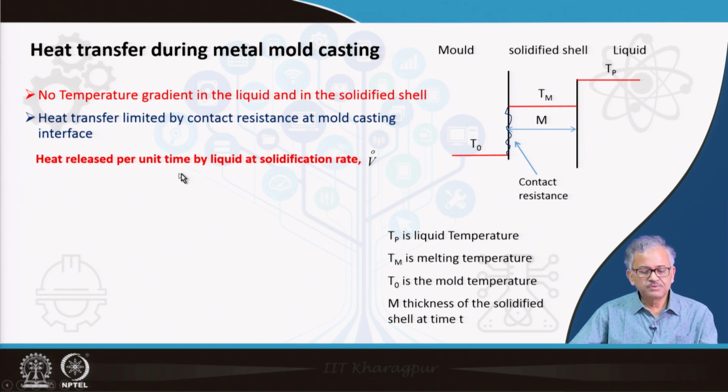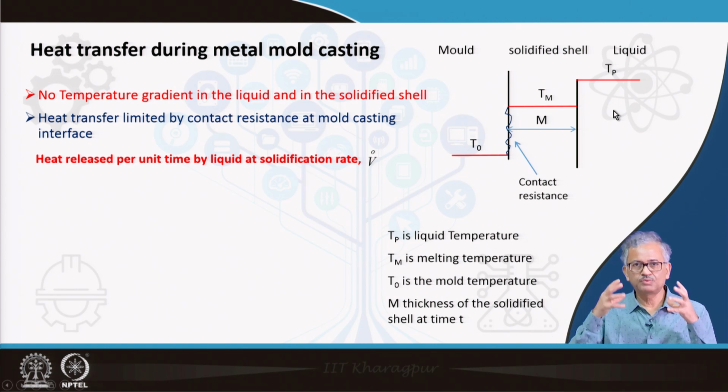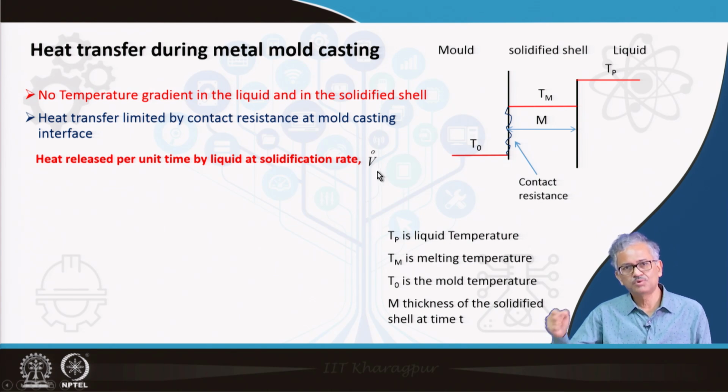Now, heat release per unit time by liquid at the solidification rate. Let us consider the heat released per unit time first, that is, during solidification how much heat is released per unit time. If you consider the solidification rate is V naught, V naught means the volume of liquid that gets solidified per unit time.